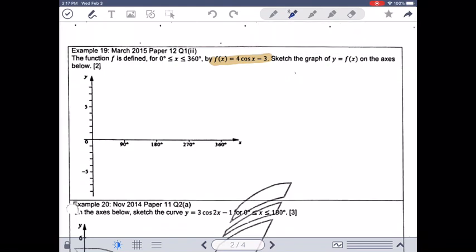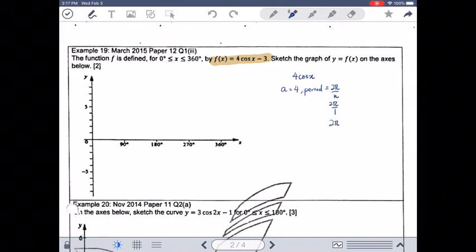So start off from inside. Start off with 4 cos x. And we know the amplitude is equal to 4. And then the period is just 2 pi over n, which is 2 pi over 1, which is just 2 pi, meaning one cycle in every 2 pi.